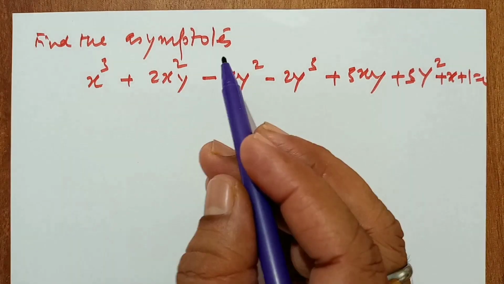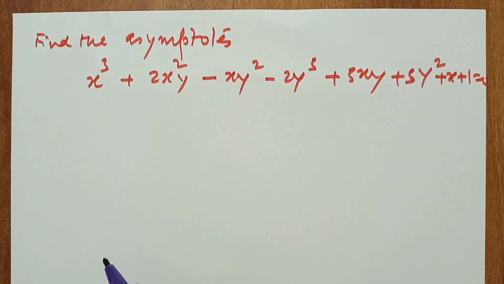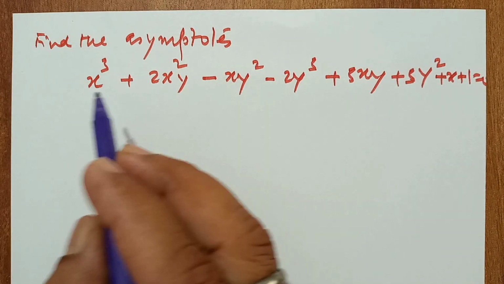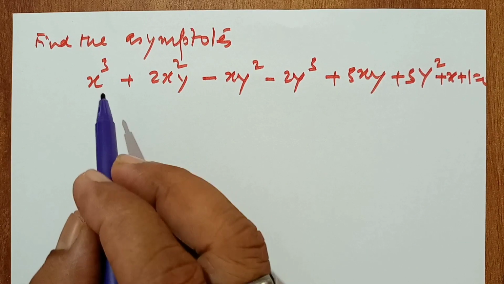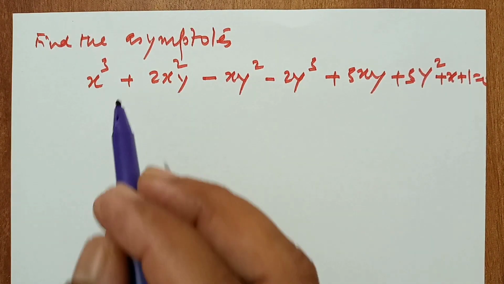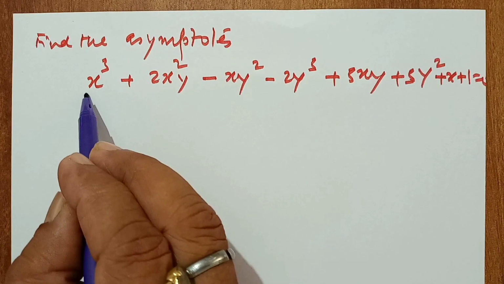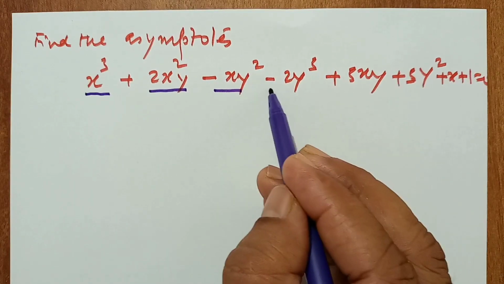Find the asymptotes of the following curve. First we check the highest degree term. There is x cube, so the highest degree is 3. How many terms contain degree 3? This is x cube, this is 3, this is 3 and this is 3.